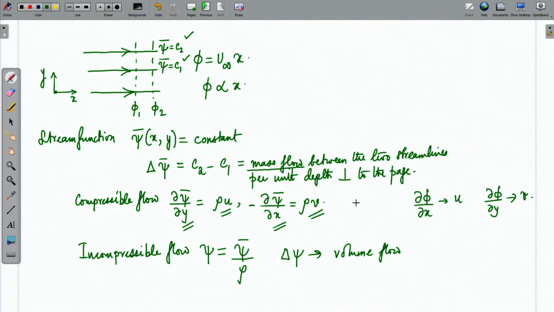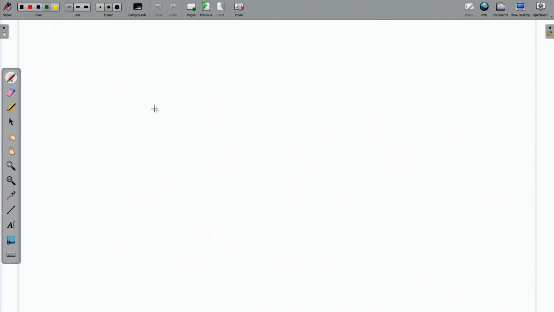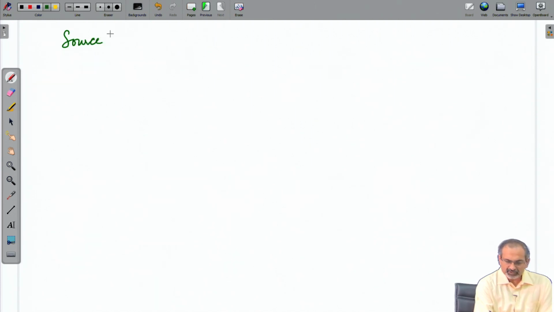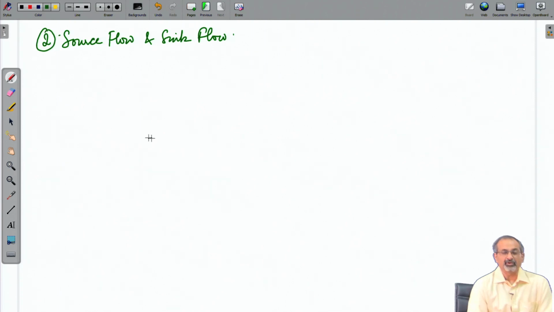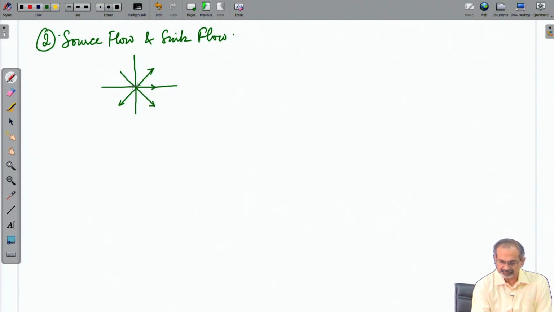So, with that understanding, we go to the new elementary flow, which we call source flow and sink flow. I will number it as 2, because this is the second elementary flow. How does it look? Let us draw some streamlines to understand the nature of the flow.